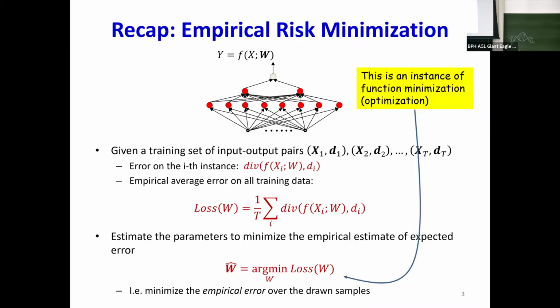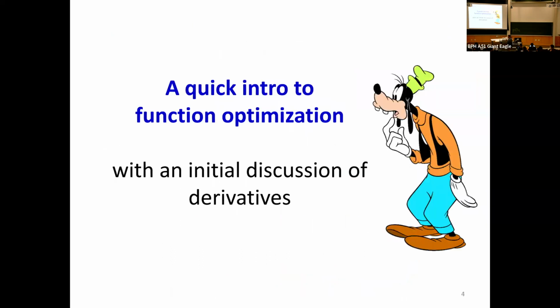But it's also an instance of function minimization. It's an instance of optimization. You have a function, which is a function of the network parameters. It's also a function of the training instances, but once those are given, they cannot be modified, right? So the only thing that remains is the W. You can change the network parameters. And so now we have a case where we have a function that we must minimize with respect to its argument, which are the network parameters. And so we're going to spend a few minutes.